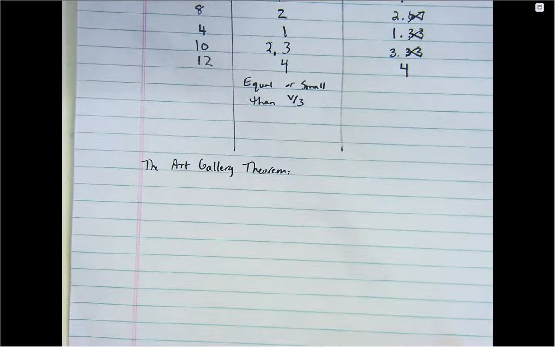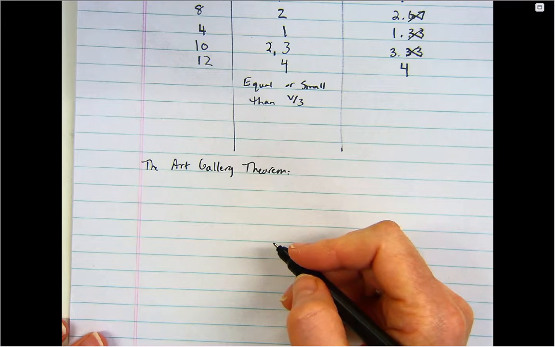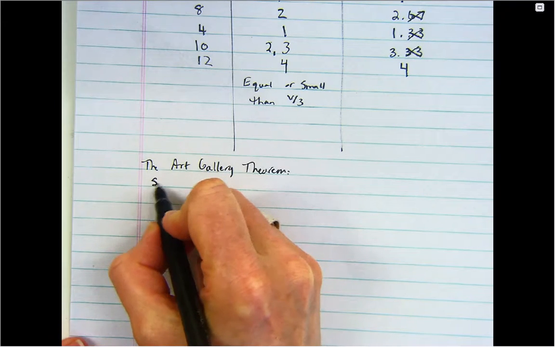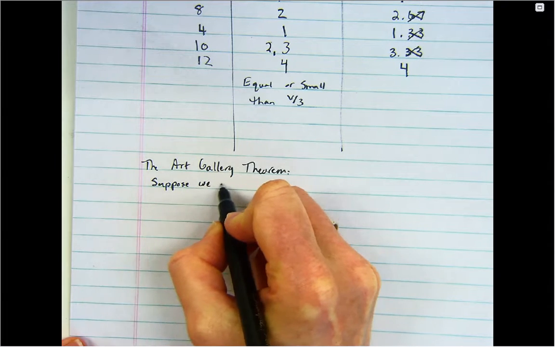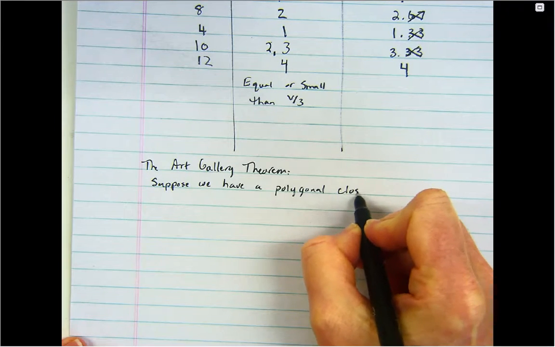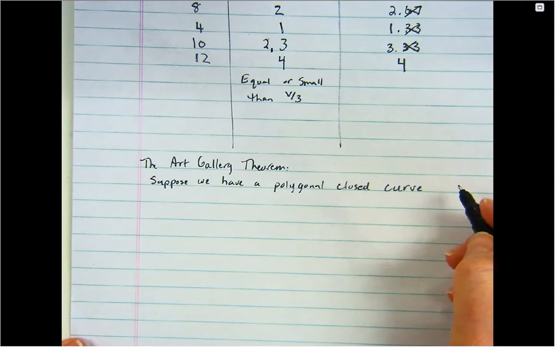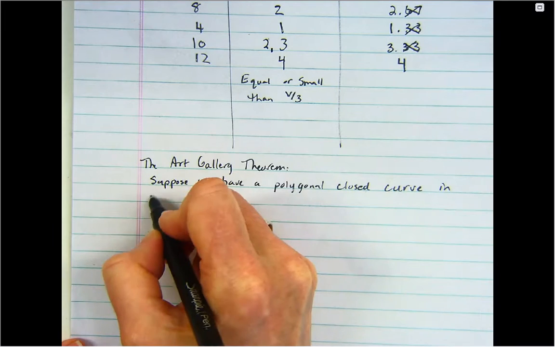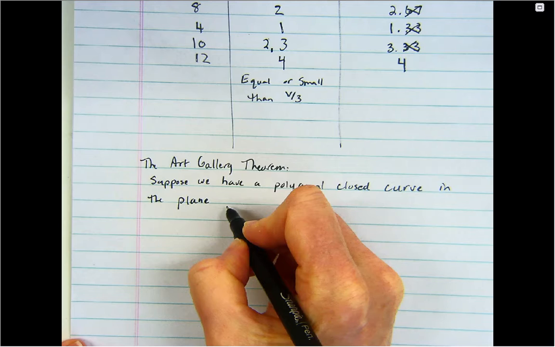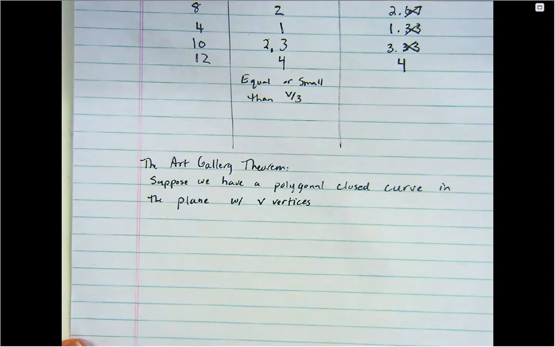The art gallery theorem says, suppose we have a polygonal closed curve in the plane with V vertices. Remember, vertices are just corners.